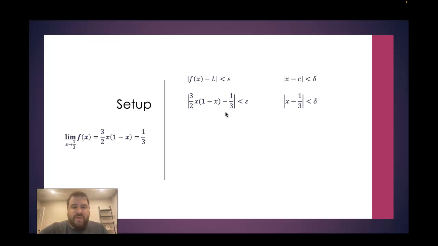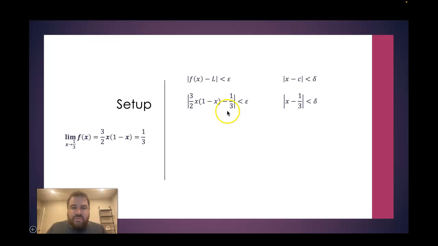Now, in order to proceed with our proof, we need to establish an equivalency between epsilon and delta. Basically, figure out which magnitude brings those two values together. And to do that, we're going to algebraically manipulate this expression so that it contains this expression, right?